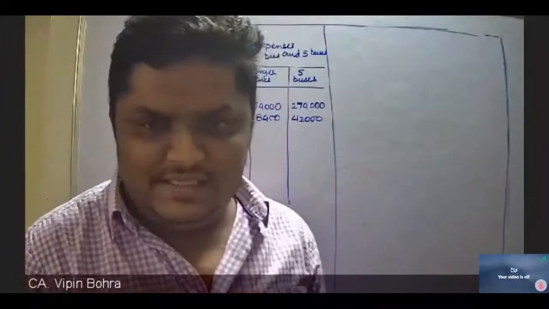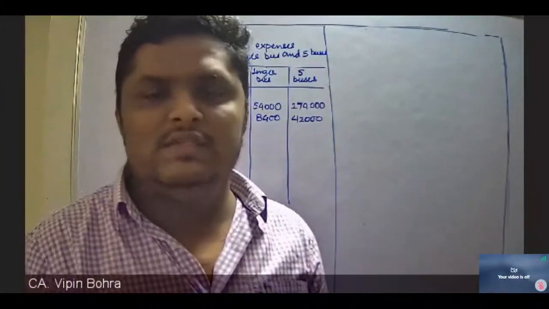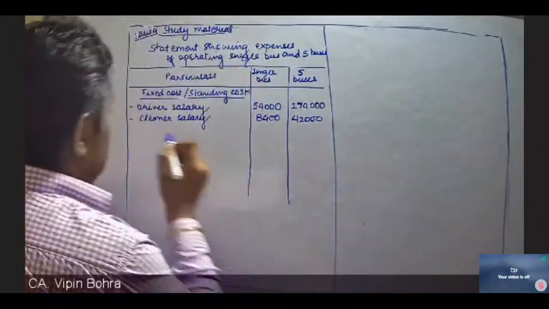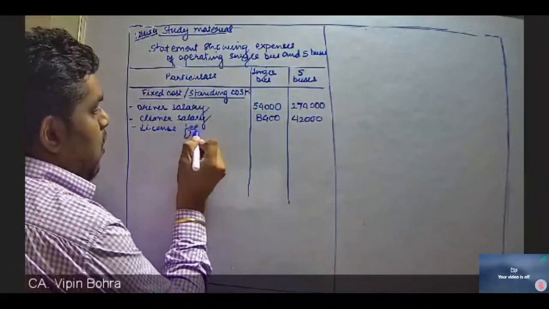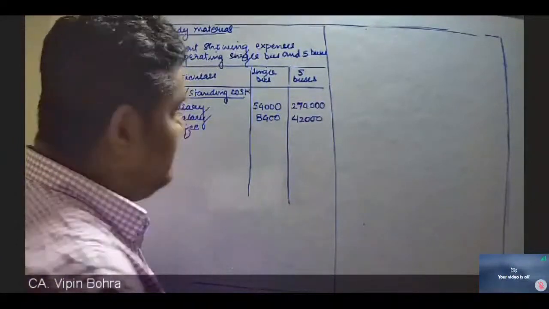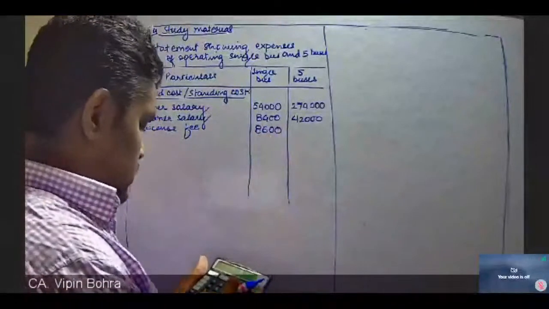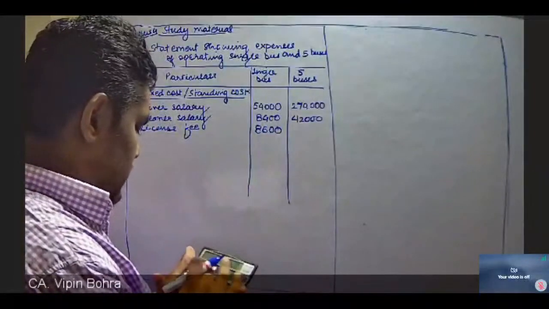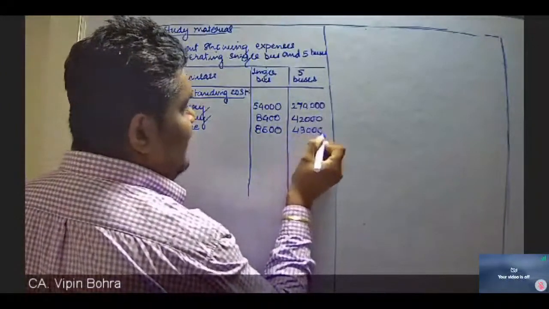License fees, taxes, etc. are 8,600 per bus per annum. So 8,600 into 5, total 43,000 for all the 5 buses.